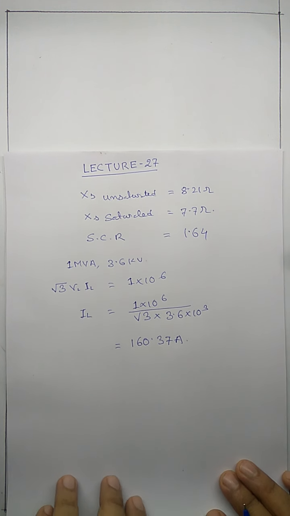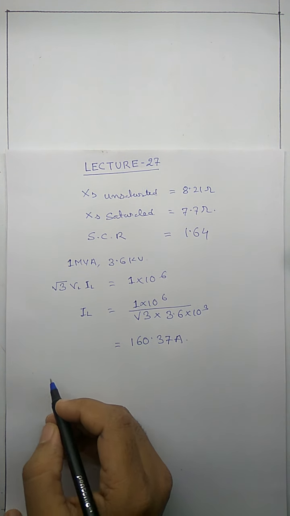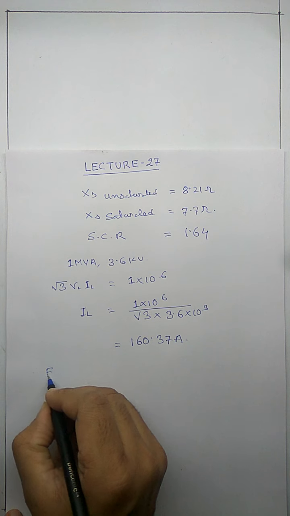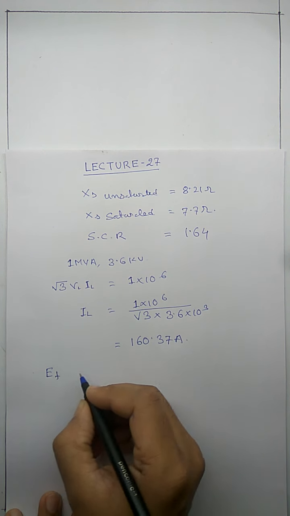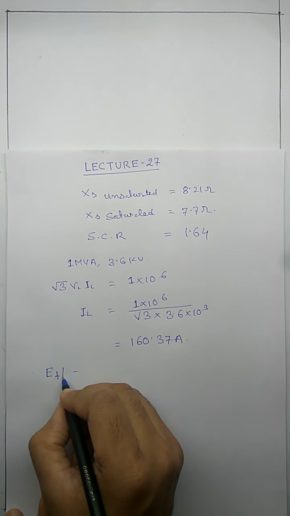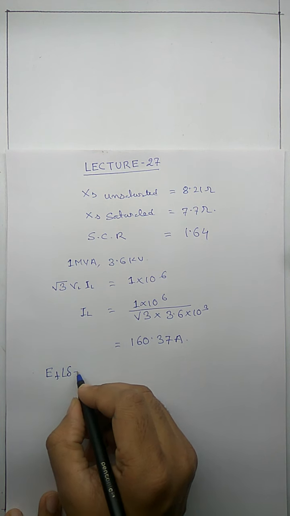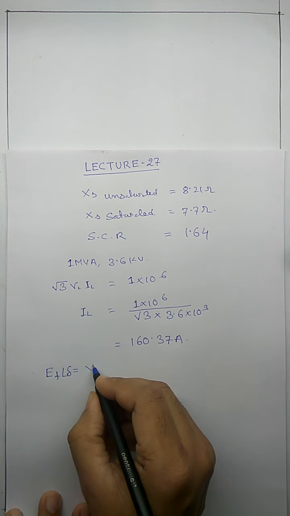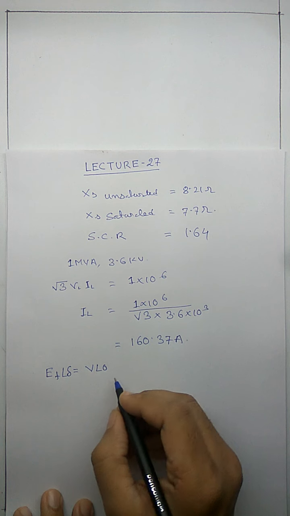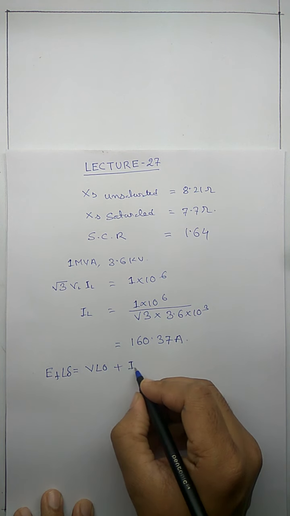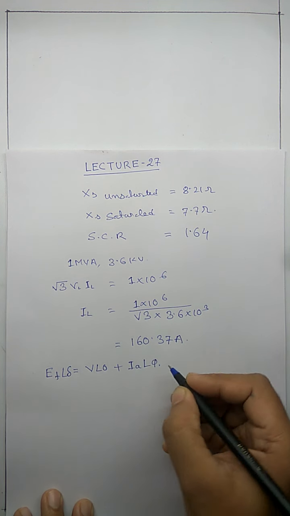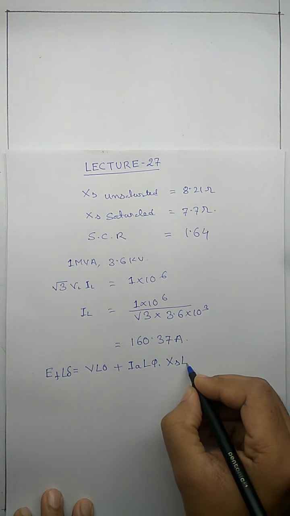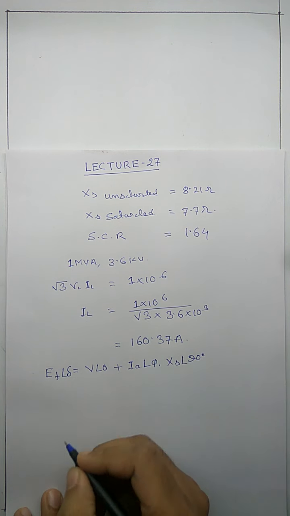Now we have to calculate the excitation EMF. How can we do this? We know E_F at an angle delta is equal to V at an angle 0 plus I_A at an angle phi into X_S at an angle of 90 degrees.